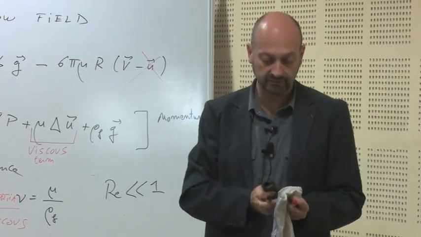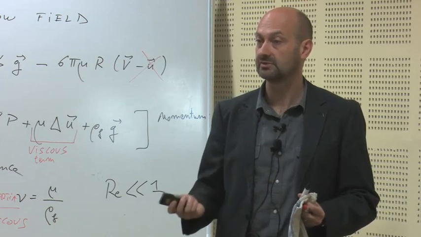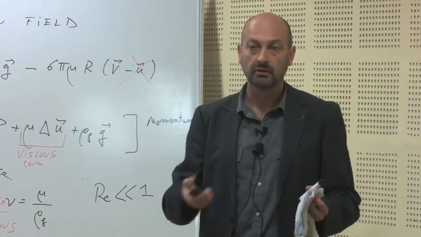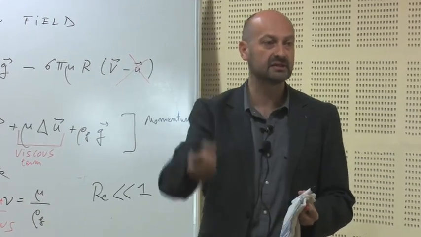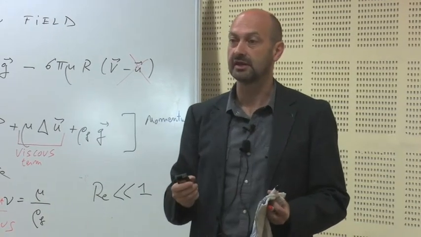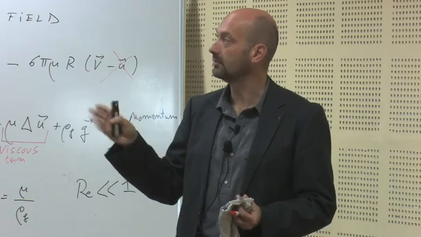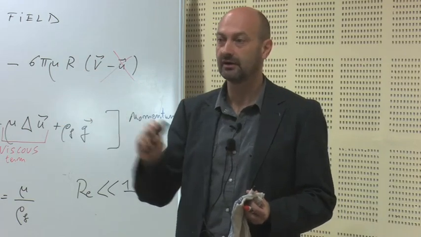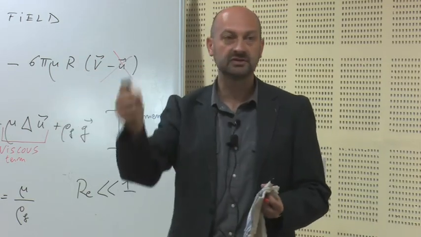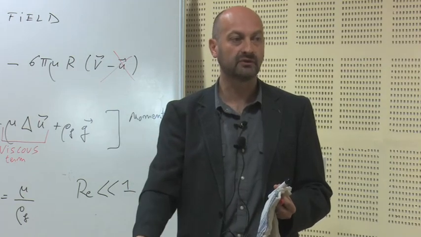And for that, you need to do experiments. You do experiments, and then you compare the settling speed with the Stokes estimate of the drag. If you get a very good agreement, of course, you have to keep in mind that your particle has to be a sphere. The velocity has to be constant, so you have to wait for the steady state.